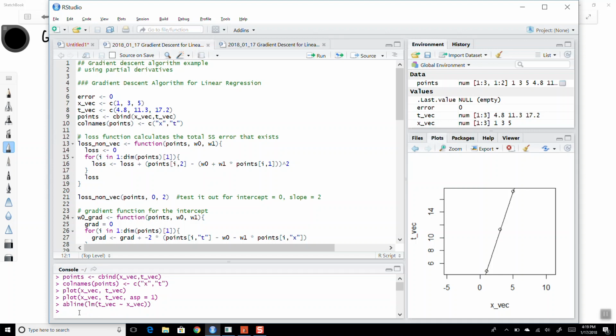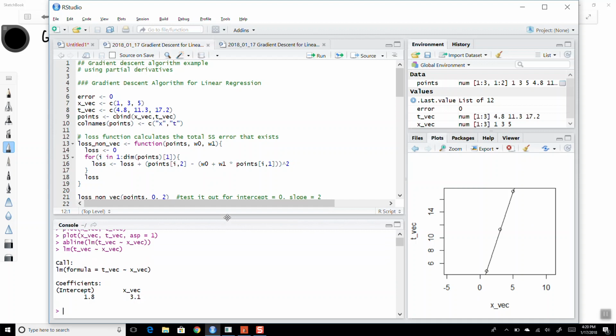Okay, and this is all we're trying to do, right? And if we did linear regression, it tells us that the intercept is 1.8 and the slope is 3.1. So I just have these three data points and we're trying to fit a linear model to this, okay?